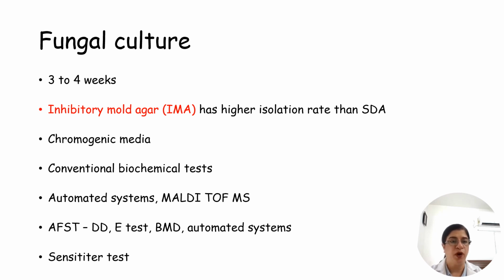Various methods for doing antifungal susceptibility tests are available, but automated systems are more reliable, and some automated systems provide susceptibility information for molds as well.